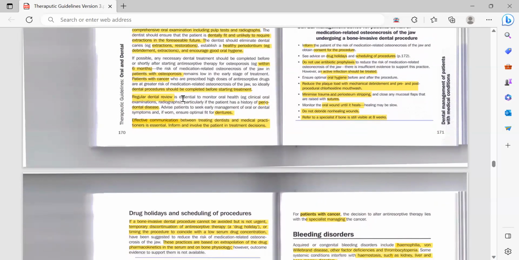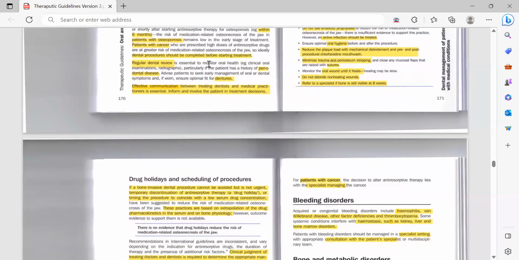And regular dental review is essential to monitor the oral health, for example clinical oral examinations and radiographs, particularly if the patient has a history of periodontal disease.